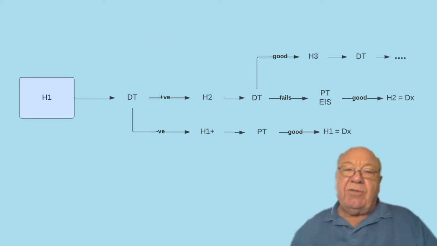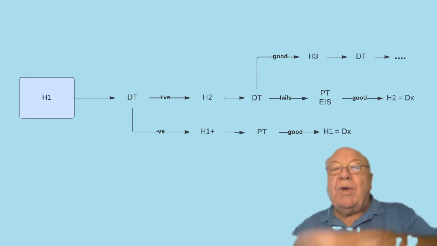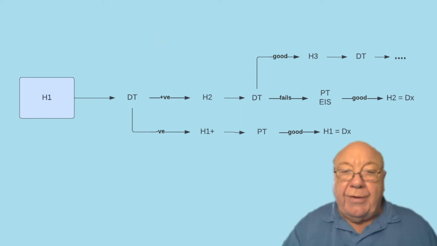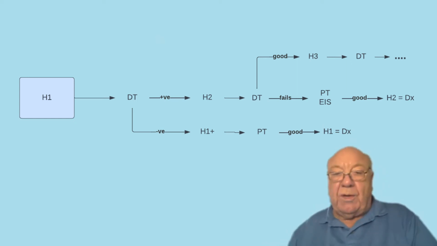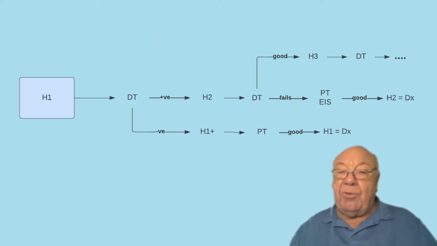So if the test disproves it, we can move on to another hypothesis. So now, if the disproving test is positive, we have to move to H2. This is assuming that the disproving test is both very, very sensitive and you're doing it correctly. So if we come up with a second hypothesis, we do exactly the same again, a disproving test.